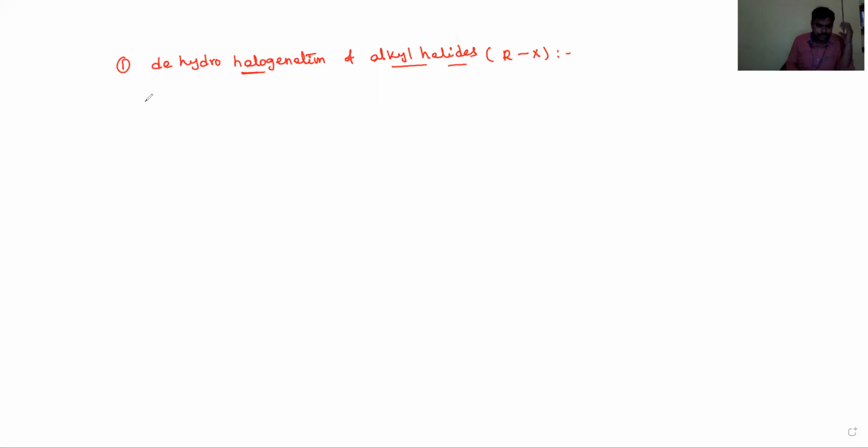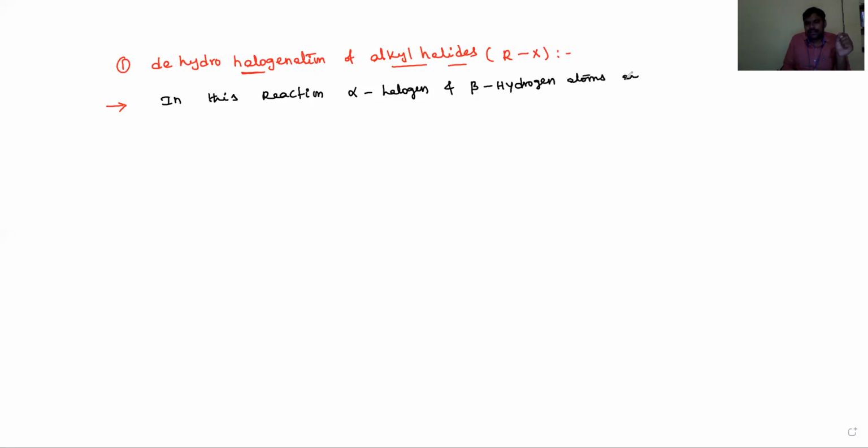Okay, let's see, dear students. If you observe this reaction, the alpha halogen atom and beta hydrogen atoms are removed in the presence of an alcoholic basic medium.